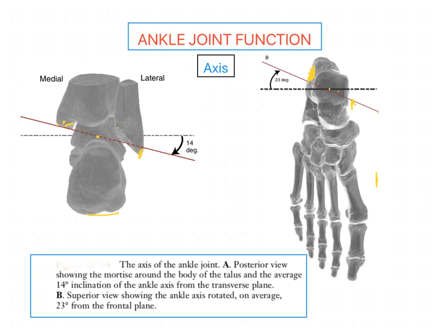And this becomes the body of the talus, which forms like this. So you can see this obliquity of the axis in the superior view.